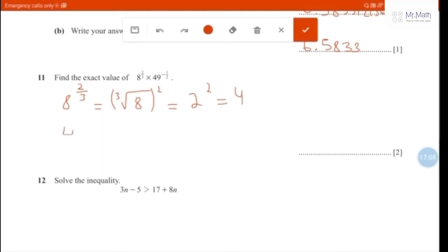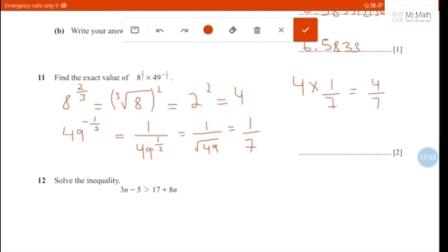And 49 to the power of negative half is equivalent to 1 over 49 to the power of half, so it's equal to 1 over the square root of 49, which is 1 over 7. So 4 times 1 over 7, and the final answer is 4 over 7.